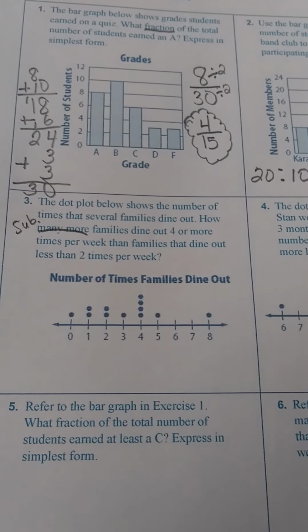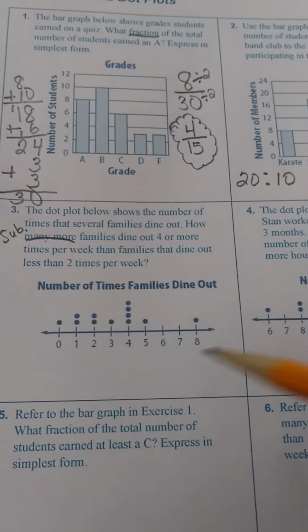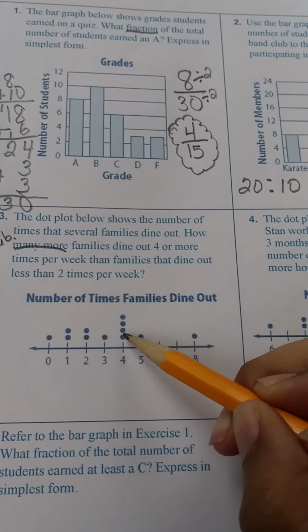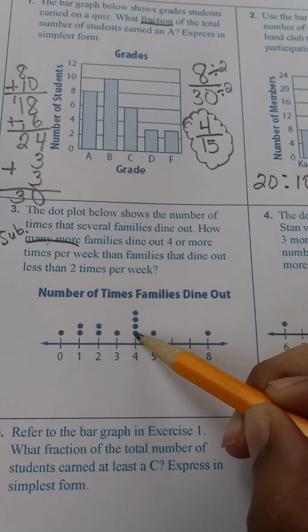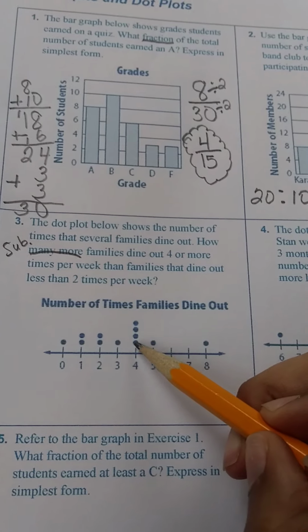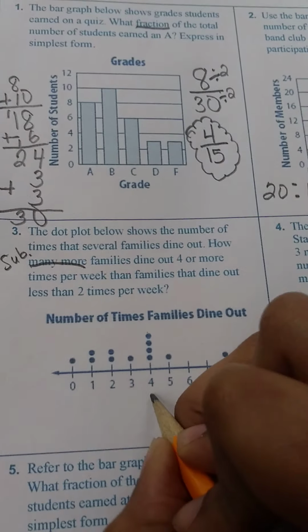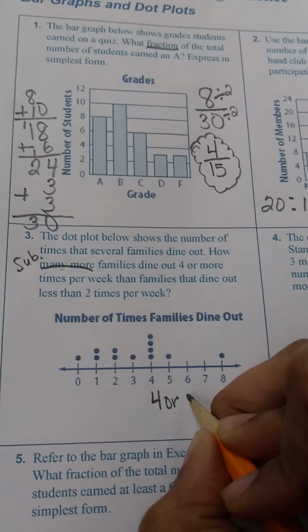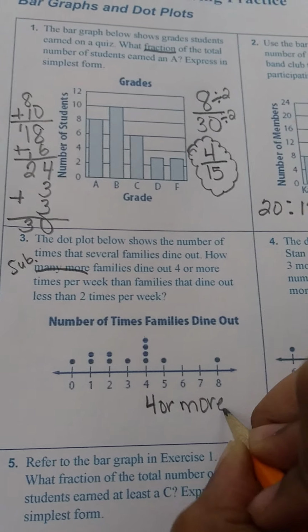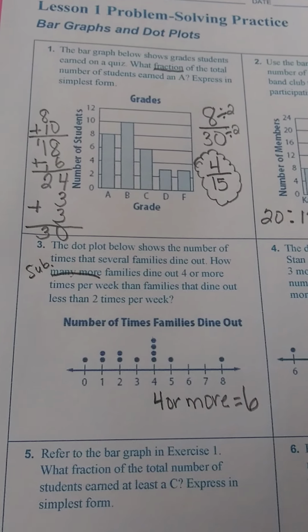All right, so let's look at how many families dined out 4 or more. So we have to include 4, right? Remember, on a dot plot, you count the number of dots that represent the number of families, okay? So we have 1, 2, 3, 4, 5, 6. So 4 or more is equal to 6 times, right?